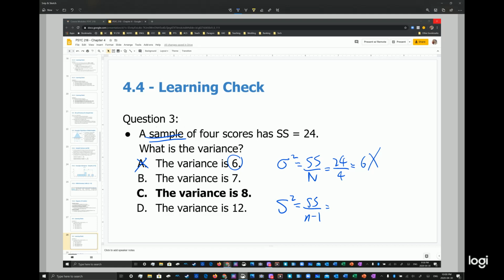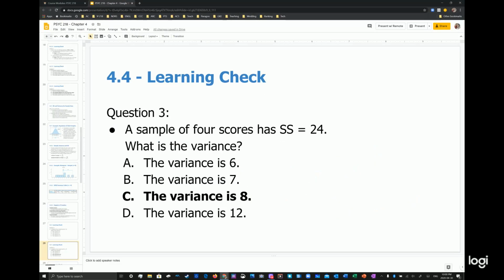And the population size is small, and the population is much larger than 4. So anyway, population here, and then sample here, and then it's 4 minus 1, which is 24 divided by 3, which is 8. So there you go. That's how we get that one. Okay.